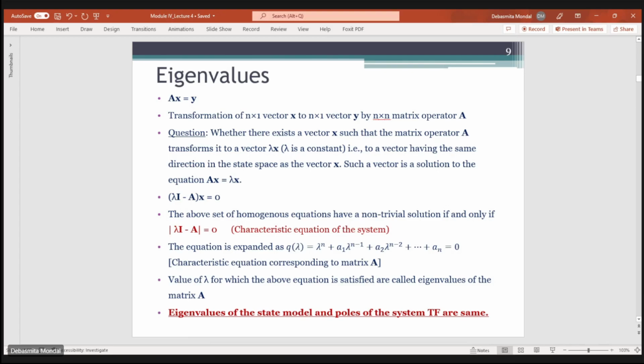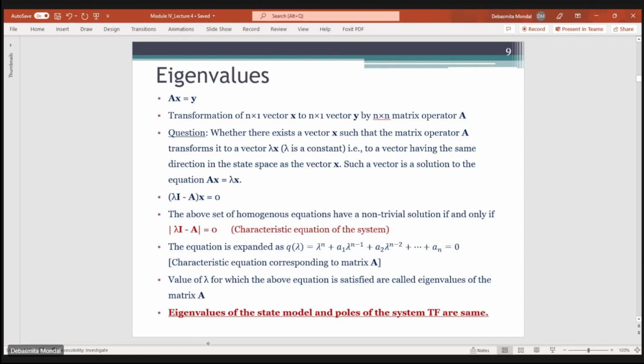You can expand this characteristic equation in polynomial form: q of lambda is equal to lambda to the power n plus a1 lambda to the power n minus 1, till an. This is the expanded form of the characteristic equation for a system whose state space model is provided, given by the determinant of lambda I minus A is equal to 0.